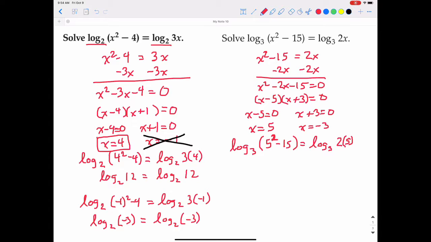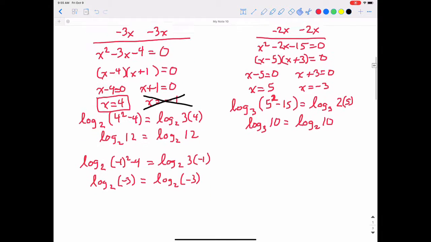Not sure where I got the third power. So 5 to the second power minus 15, 5 squared is 25, minus 15 is 10, so log base 3 of 10. Does that equal log base 3 of 2 times 5, which is also 10? So yes, that is true. We get positive 10 that we're taking the log of, so that is part of the domain, and so 5 is an actual solution. What about the other one?